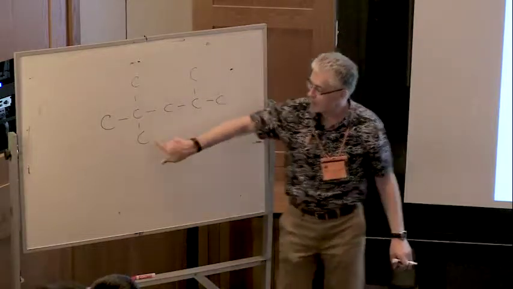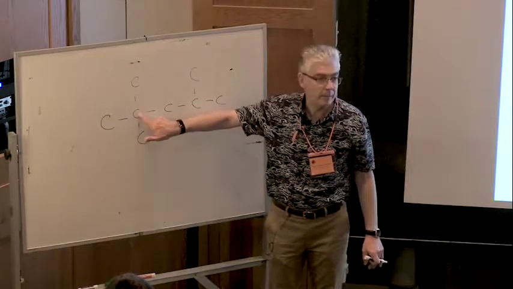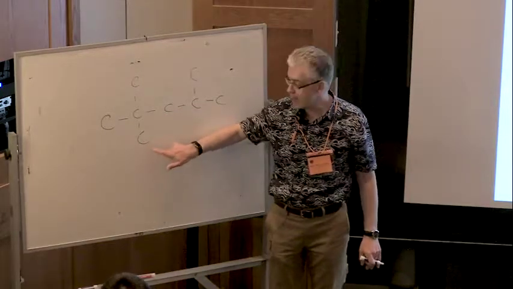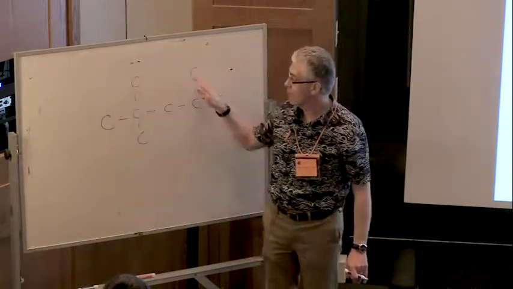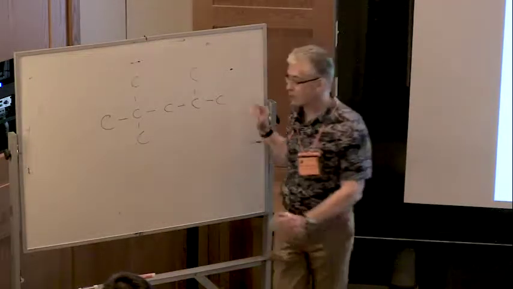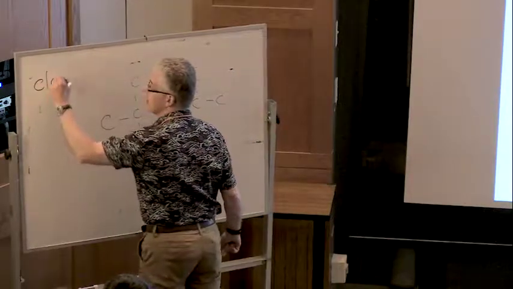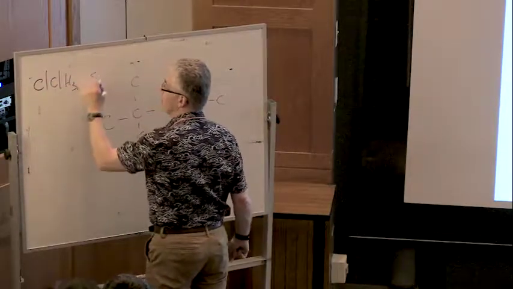So we have, what is this? This is a carbon bonded to a carbon and 3 hydrogens, and we have 5 of those. So let me write it here: C bonded to H3, and we have 5 of them.